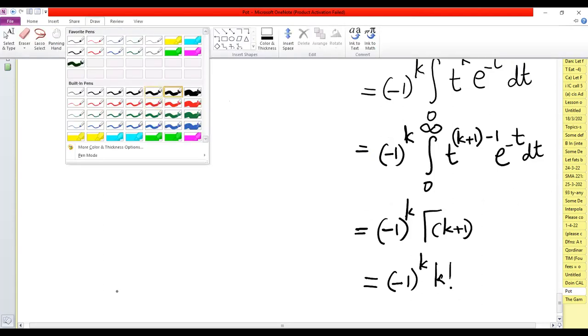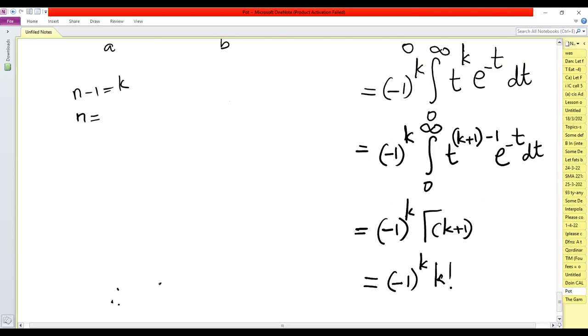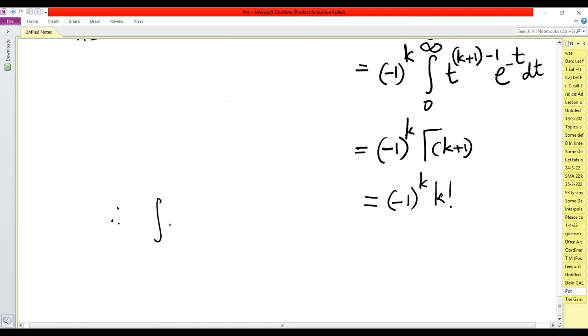So therefore, the integral from 0 to 1 of (ln y) to the power k is given by negative 1 to the power k times k factorial.